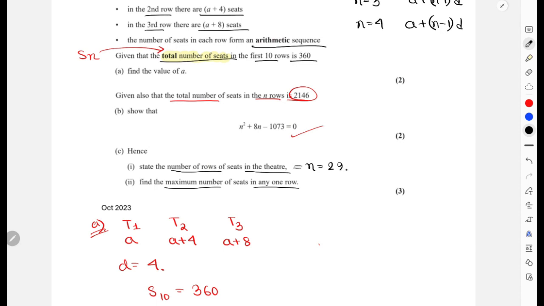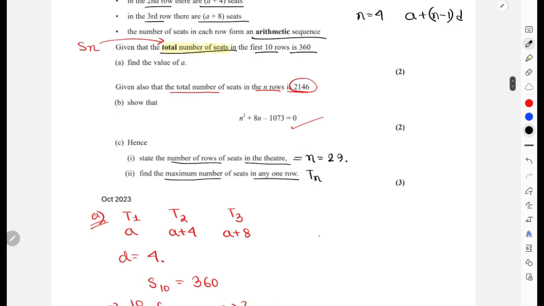And now they want you to find out how many seats were there in the 29th row. Okay, they do not want to find out the total. Total is already given that from the first row to the 29th row, in total, there are 2146 seats, but they want you to find out exactly at the 29th row, how many seats were there. So they want to find out Tn, T29.